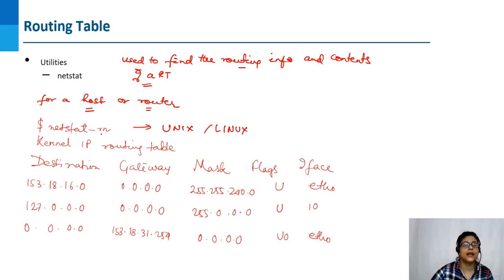We write here netstat -rn. It basically gives the kernel IP routing table. This is the destination, and it gives the gateway, then the mask, then the flags field and the interface field. In the interface field, we can understand that this is Ethernet port 0, and this is also Ethernet port 0. If it is lo, it means it is the loopback address.